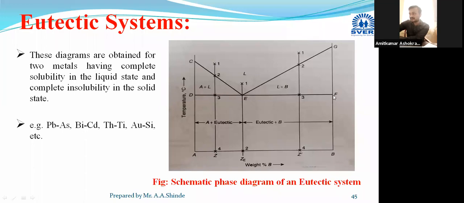For any composition, at this temperature, eutectic transformation will occur, meaning liquid will give the mixture of two solids. The element which is separated before this transformation is termed proeutectic. In this case, element A is separated before the eutectic transformation, hence it is termed proeutectic A.